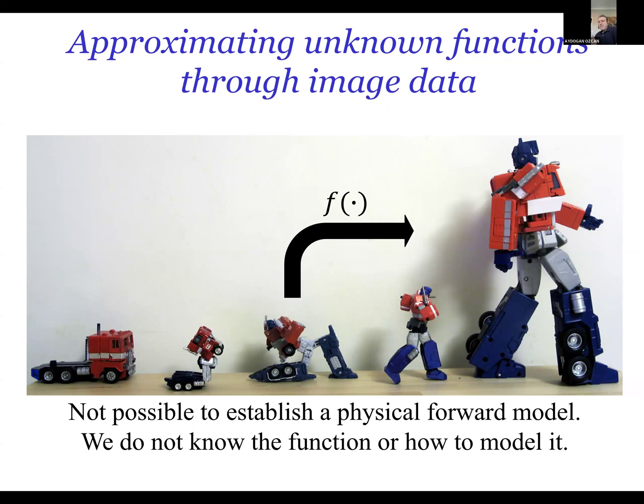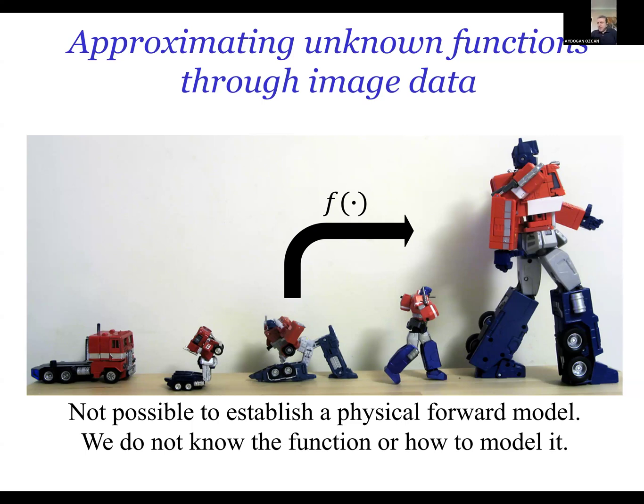We do not know if that function exists, how to model that function. Can I do those kinds of transformations on microscopic images of specimen? Well, you can even consider a function that you do not understand or you do not know a physical forward model to approximate that. And through supervised learning and image data, approximating these unknown functions became possible.